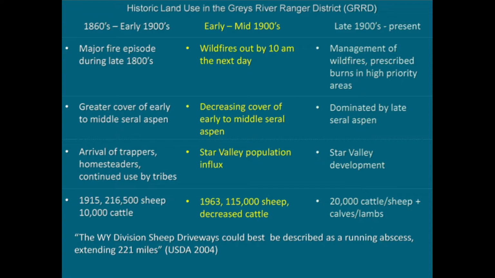More current day management plans involve wildfire management and prescribed burns in priority areas. As the previous slide showed, there's a high dominance of seral aspen, and there's increasing pressures, especially in Star Valley, with people coming down from Jackson to find more affordable living and developing very close to forest boundaries, and much more regulated livestock numbers.